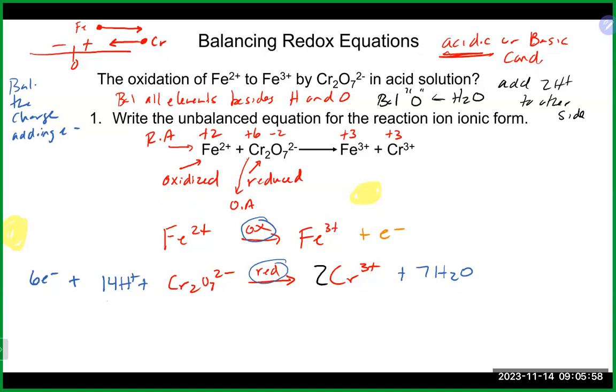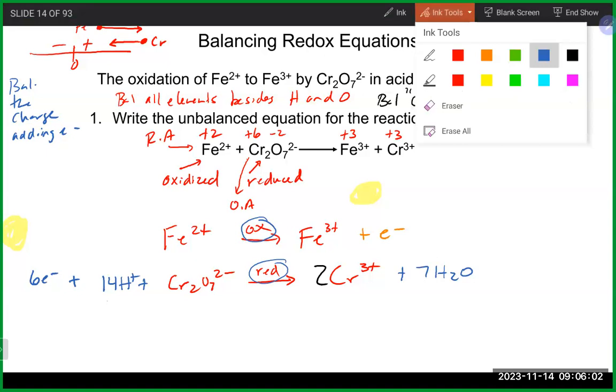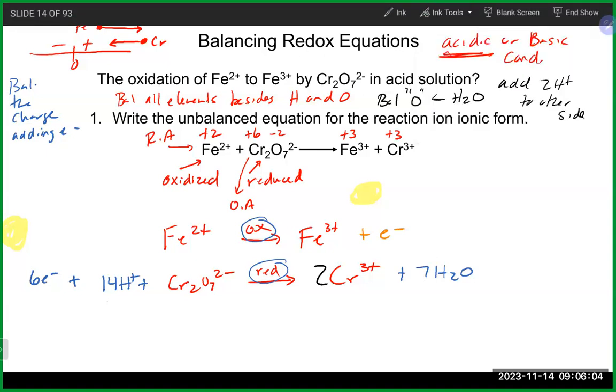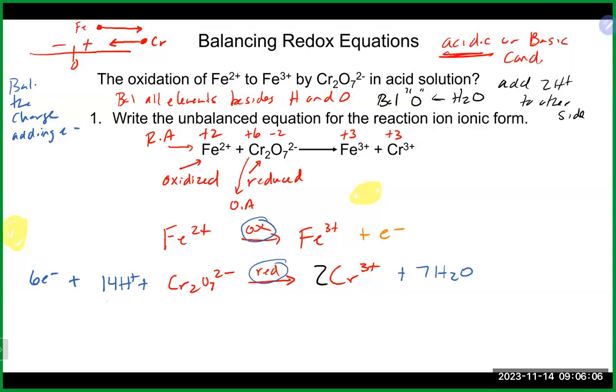Okay. So now that we have the electrons, we're pretty close to the part where we want to add both of these back together. But as I mentioned before we could add them back together, we do have to make sure we have the same number of electrons. And in this case, we do not. So we do need to multiply, in this case, everybody by 6.